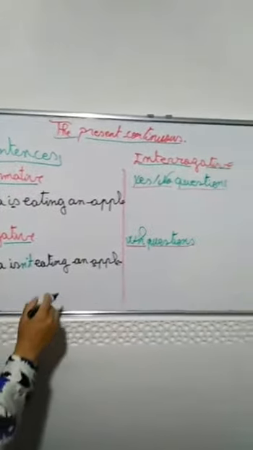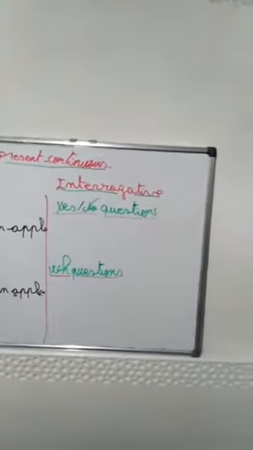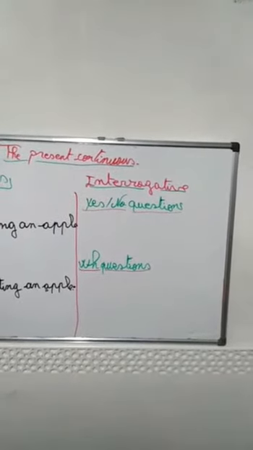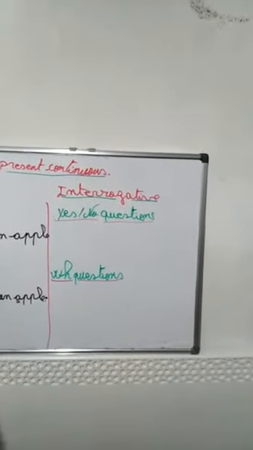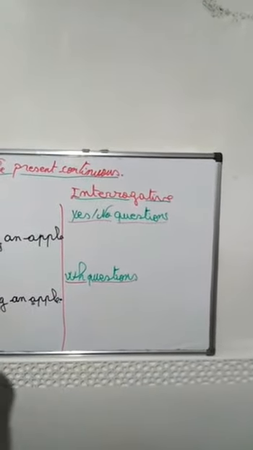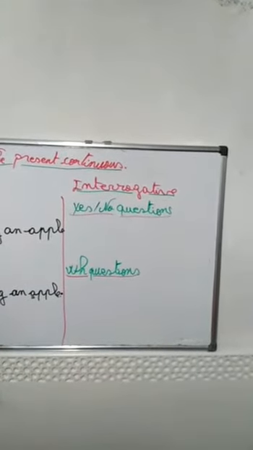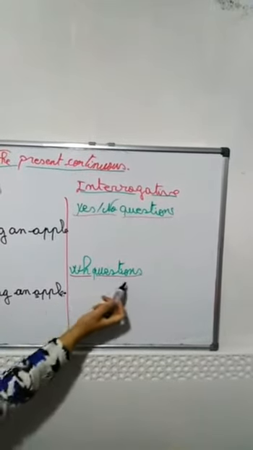So now let's move to the interrogative form. As we saw before in the simple present, for the interrogative there are two types. We have yes-no questions, or short answer questions, or closed questions, and we have WH questions.